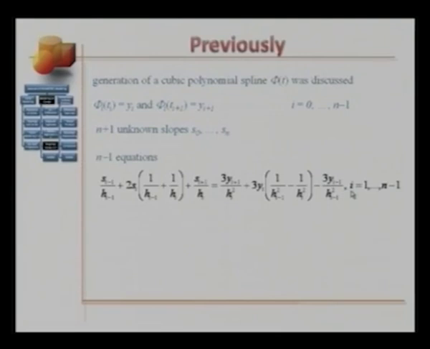The index I went from 1 up till n minus 1. Hi here was defined as the difference between the two knots ti plus 1 and ti.